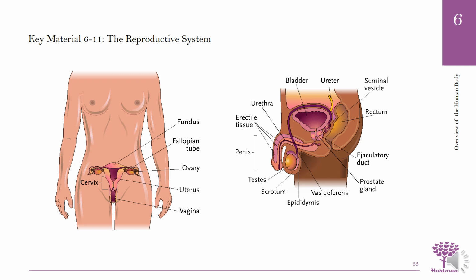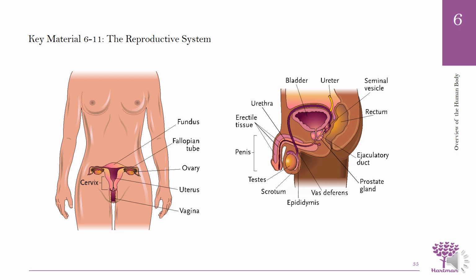The ovaries make the female sex cells, or eggs, called ova. They release the hormones estrogen and progesterone. Each month from puberty to menopause, an egg is released from an ovary. This cycle is maintained by estrogen and progesterone. These hormones control development of female secondary sex characteristics such as increased breast size and growth of pubic and underarm hair.